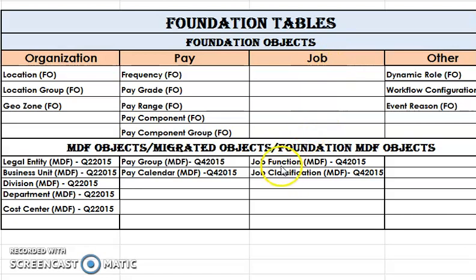The two objects, job function and job classification, were migrated to MDF in the quarter 4 2015. Since there is nothing in the foundation objects, both these MDF objects related to job can be configured in the configure object definition, and the master data maintenance and testing can be done in the manage data application.